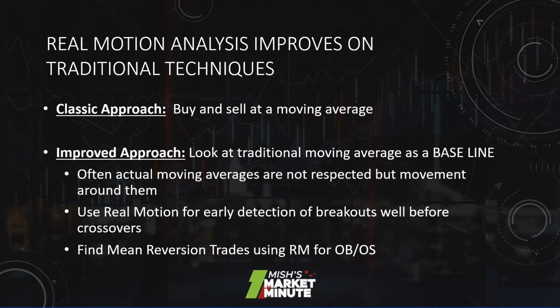We also use real motion for early detection of breakouts, well before the crossovers. And of course, as I mentioned before, we can find mean reversion trades using real motion for overbought and oversold conditions. It's really a very flexible indicator.